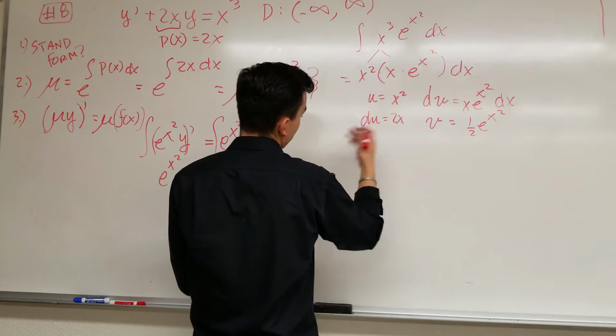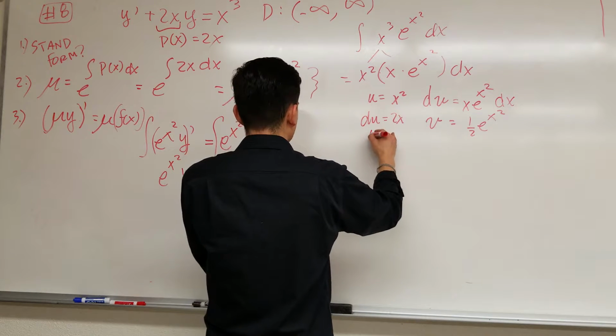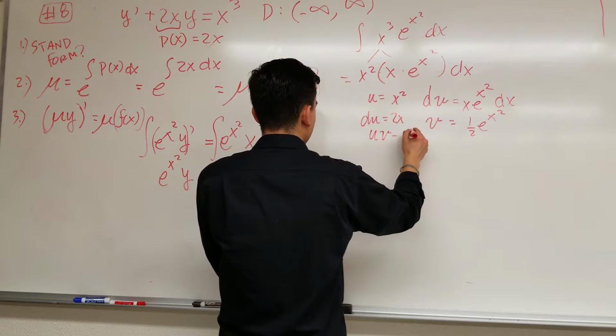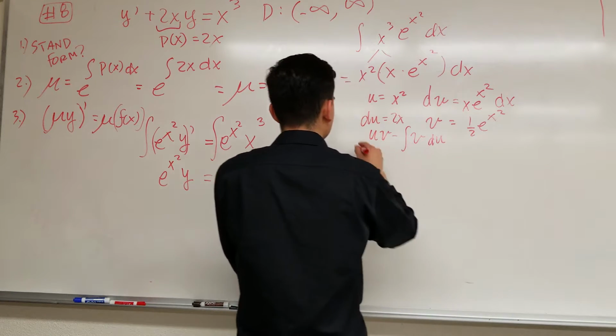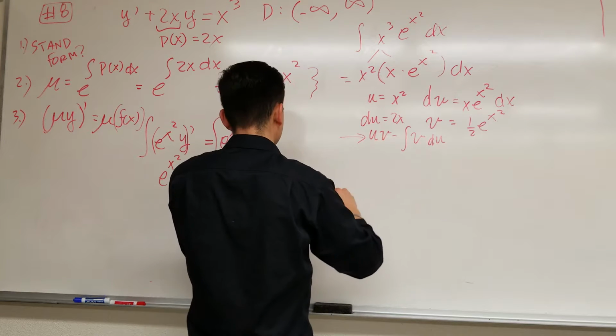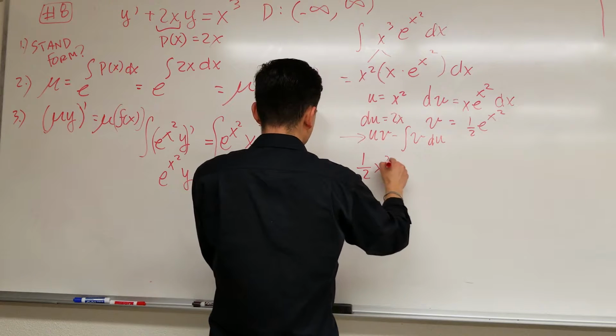Okay, so now I'm going to use my integration by parts equation, which is u times v minus the integral of v du. I'm just going to plug everything in.